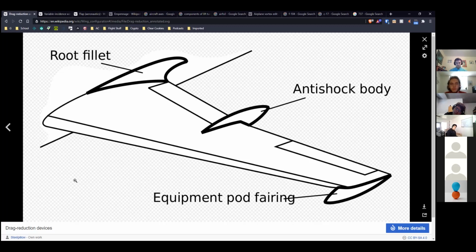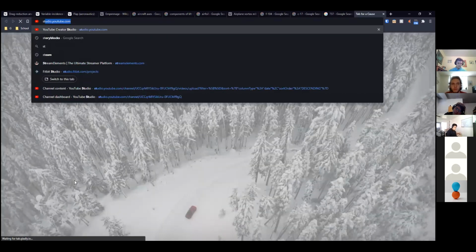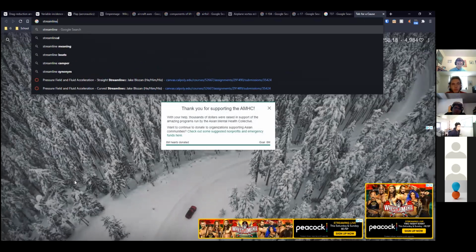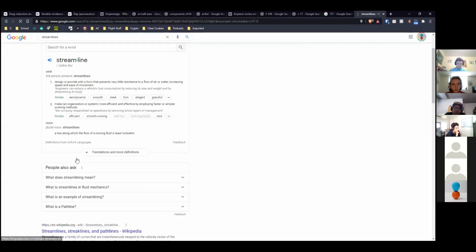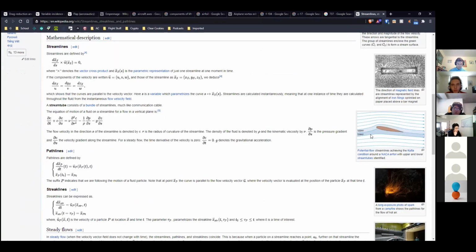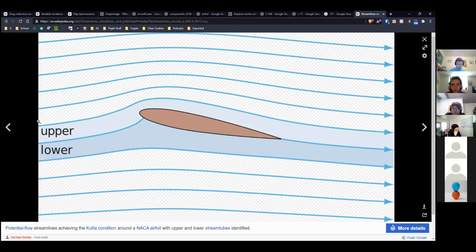So maybe I can just look it up quickly. Okay, here we go. All these blue lines are streamlines, and the ones that are barely deflecting are losing very little energy.